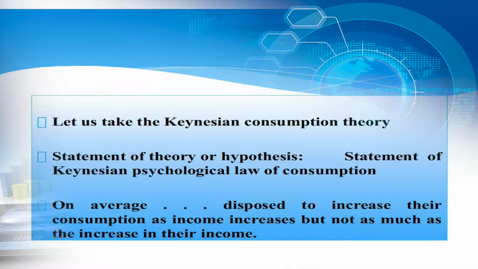Let us take the example of Keynesian consumption theory. Let us see the statement of the Keynesian psychological law of consumption. On average, people are disposed to increase their consumption as income increases, but not as much as the increase in their income. In this maintained hypothesis, variables of the model are identified.